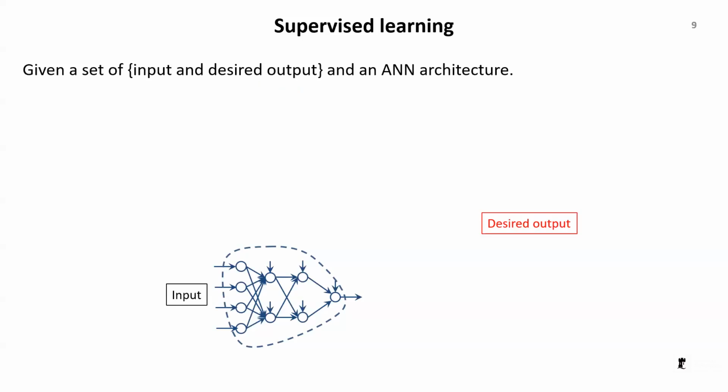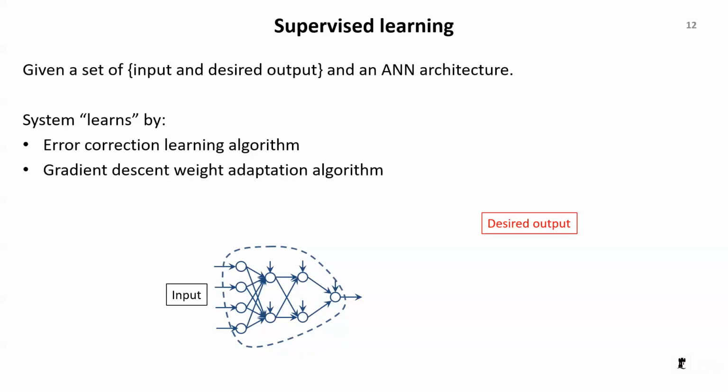And what is the specific neural net that we want to solve? Generically, what we have is the input and the target output, and whatever neural net architecture we want to train. Then the neural net will learn by trying to correct the error on each iteration for each point.